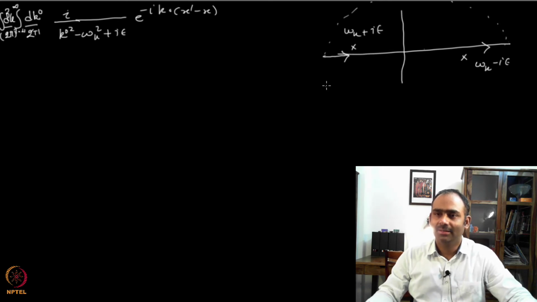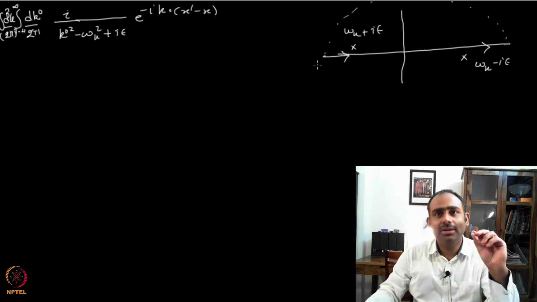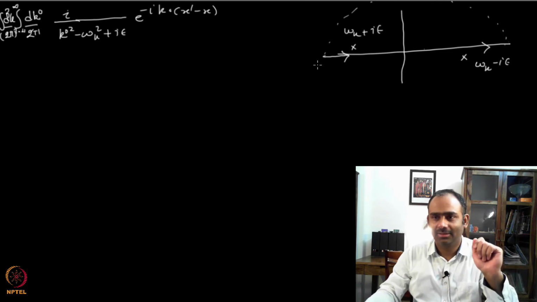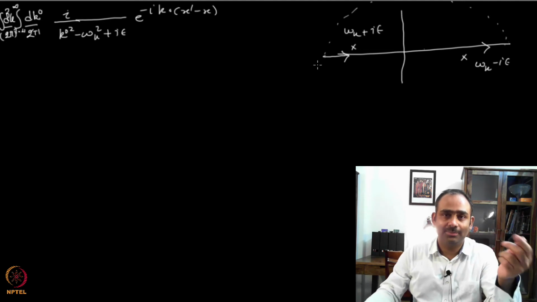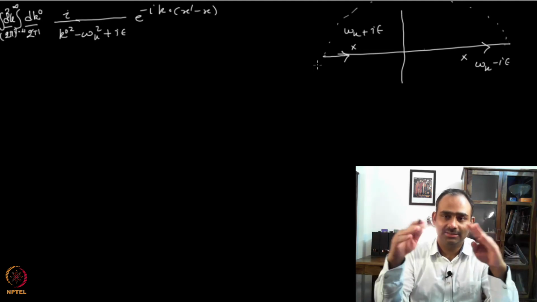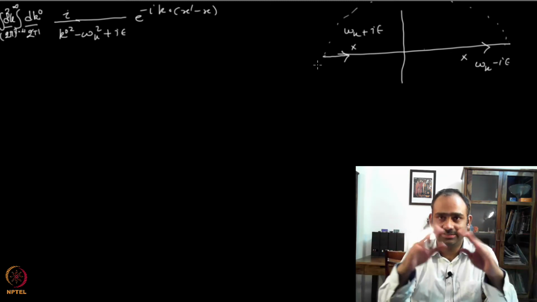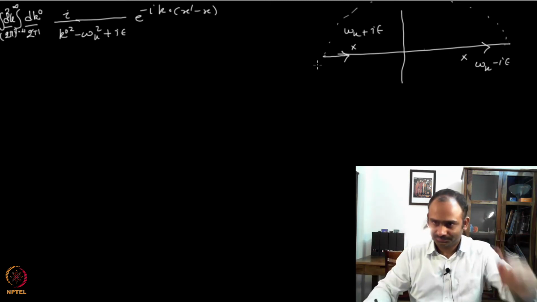Okay. But now whether you should close it like this or you should close it below in the lower half plane, how do you decide that? So, there are two issues. How do I decide which way to close, and second, whether I can really close it, because I have to ensure that the value of the integral from these infinite semicircles is 0, right.